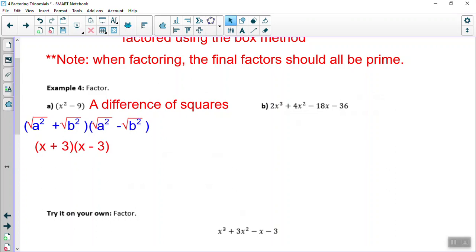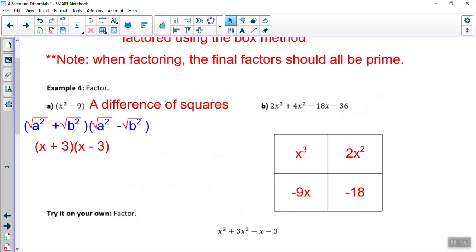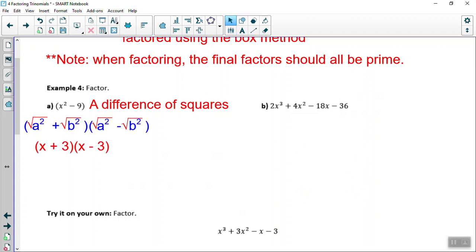All right, so we're going to utilize this idea here to help us over here. So here I have another polynomial with 4 terms. That means I don't have to go through that whole t-table on this one. So I'm going to just open up my box, and I've already gone ahead and filled in my 4 terms. Before I do that, actually, hold on, I'm going to cover that back up for a second. We forgot to do something.